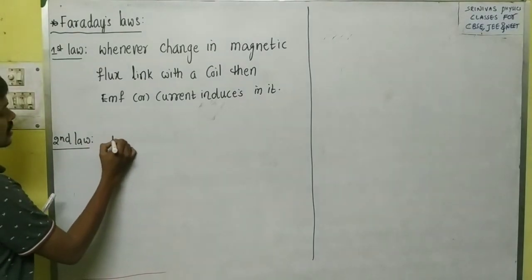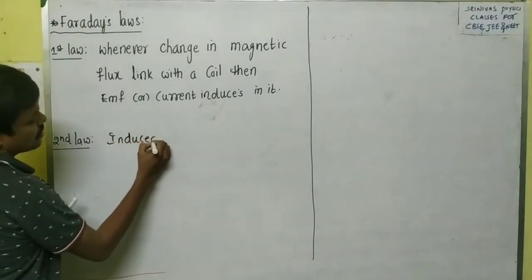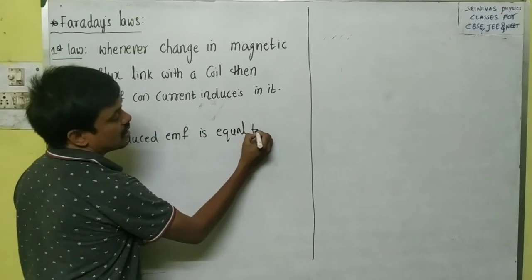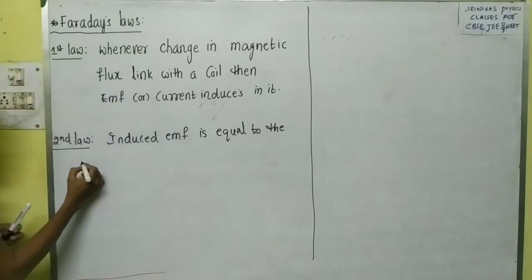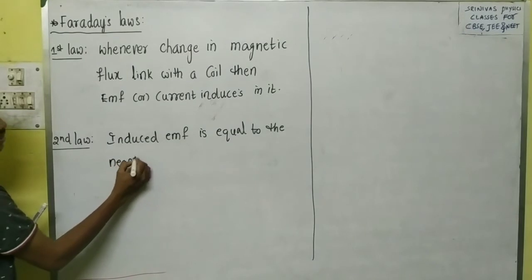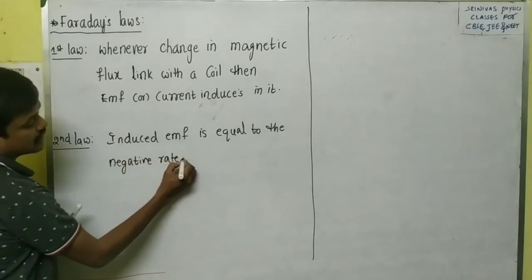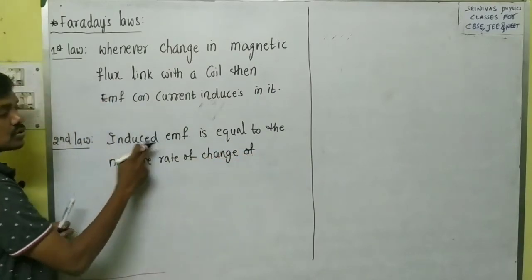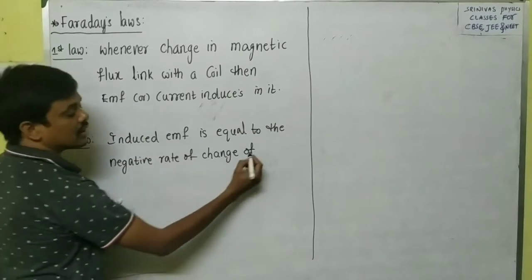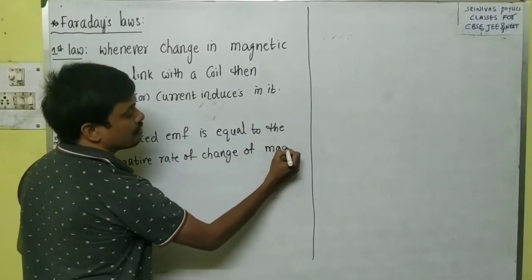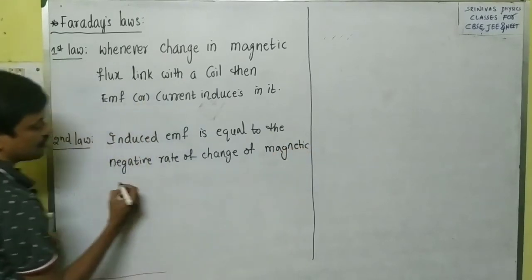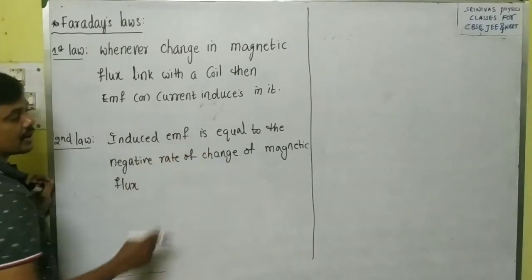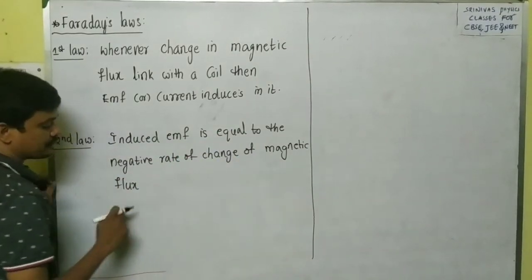The second law is that the induced EMF in a coil is equal to the negative rate of change of magnetic flux.